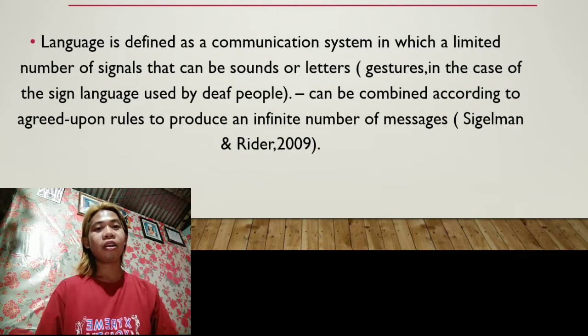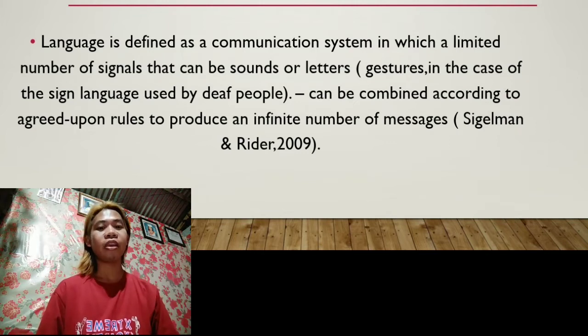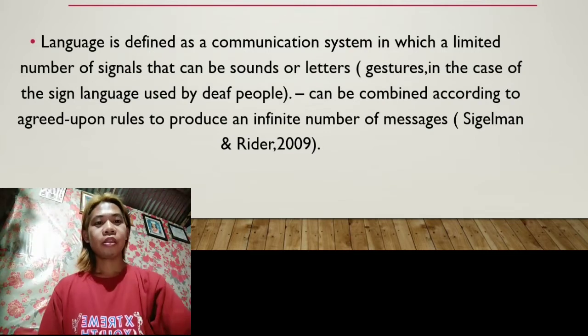Language is important because we use it every day, in our everyday talking and communicating with other people. There are a lot of reasons why language is important in our lives.